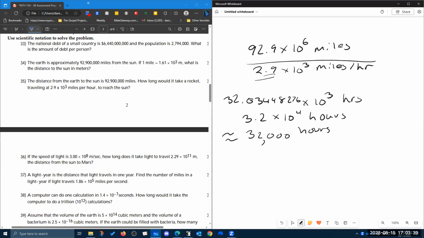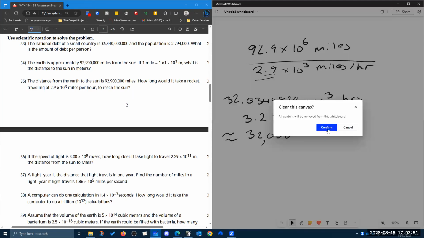It's a long time, right? Because it's not traveling very fast compared to the distance that it needs to travel, right?